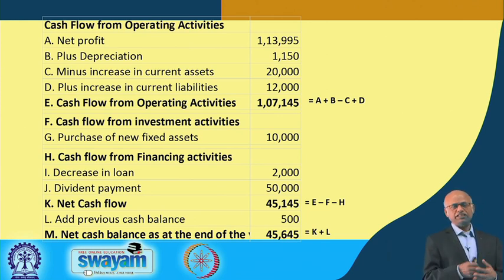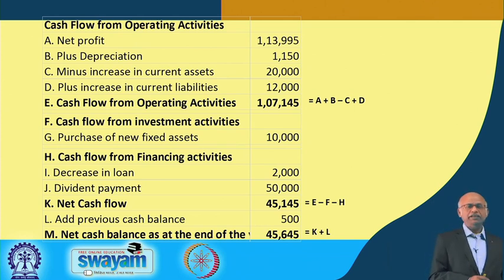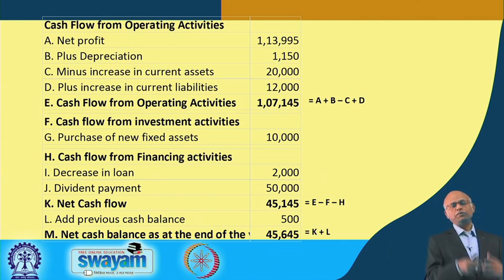Current year's cash generation is 45,145. You already had 500 at the beginning of the year, so you add it to that. So, it becomes 45,645 rupees, K plus L. So, this becomes the cash position in your balance sheet, carried to the balance sheet.